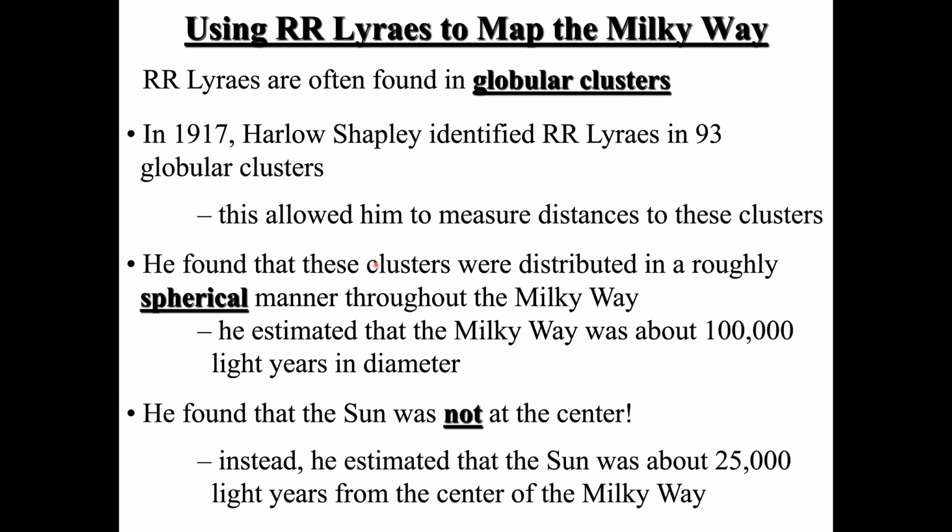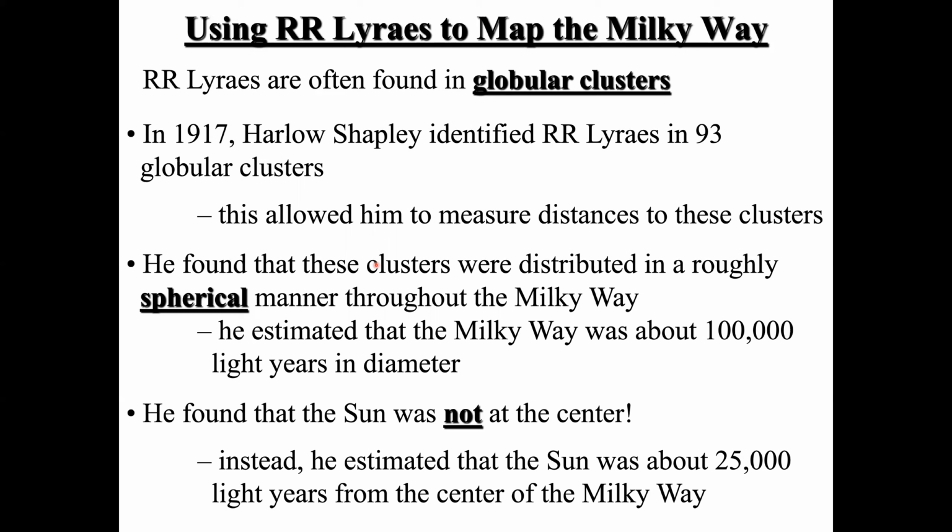In 1970, once they had this relation about the RR Lyras, Shapley identified around 93 RR Lyra stars in around 93 globular clusters inside our Milky Way, right? Now this allows you to measure the distances to these clusters. And once you find the distances, one thing that he found is that these clusters had this spherical shape.